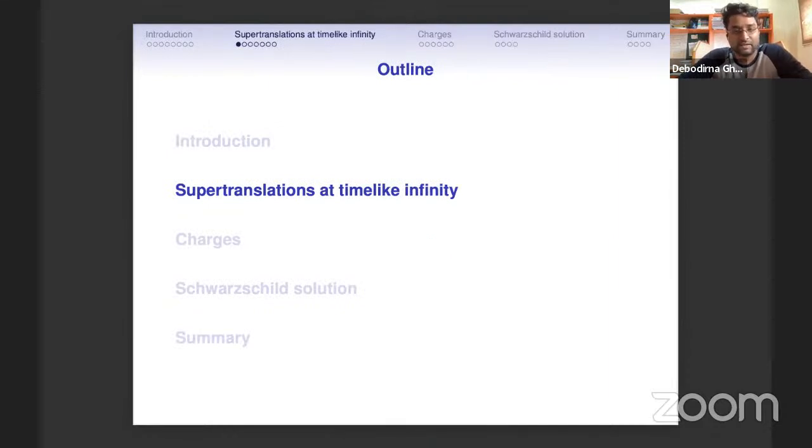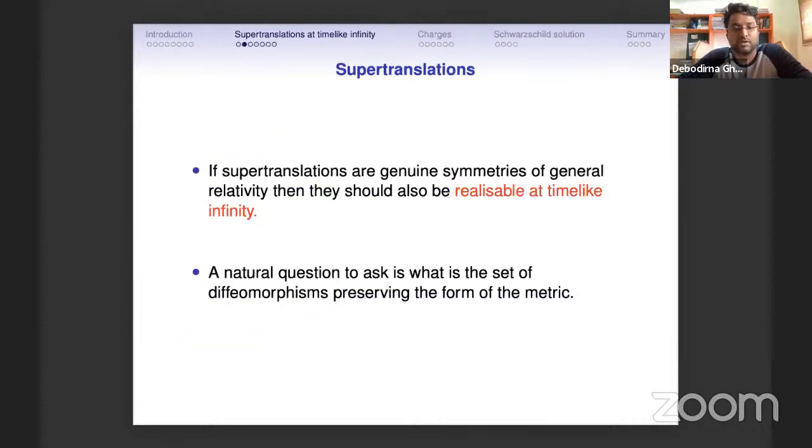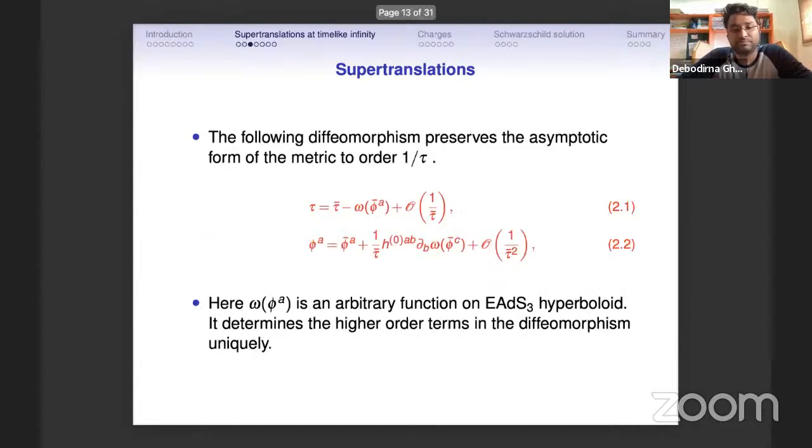Now, in the next few slides, I will talk about supertranslations at timelike infinity. If supertranslations are genuine symmetries of general relativity, then they should also be realizable at timelike infinity. A natural question to ask, therefore, is: what is the set of diffeomorphisms preserving the form of the metric?